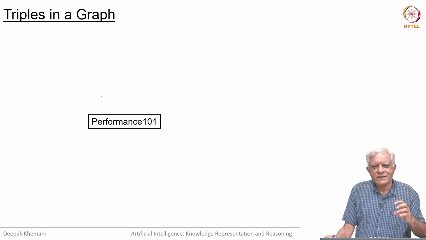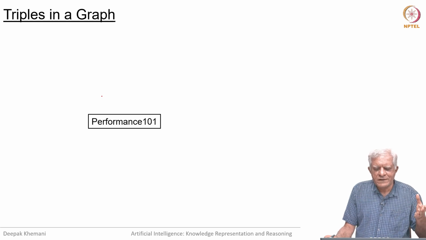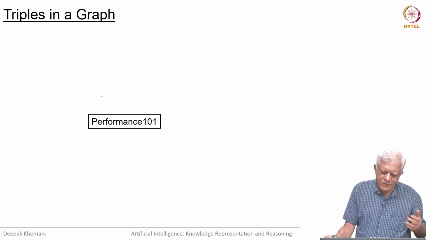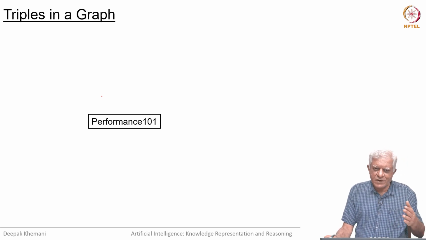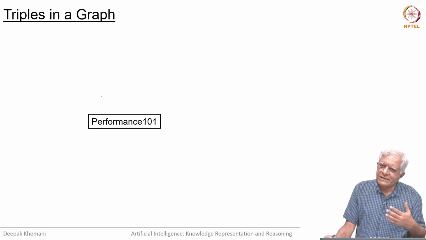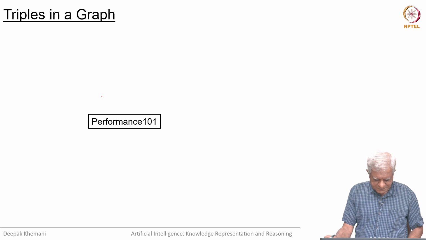Just like we said that event 45 was an event and then we related various elements to that, we are doing the same thing here, except that now we have multiple sentences that we are putting in the same graphical representation. So, here we go.